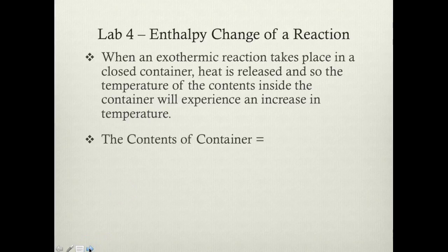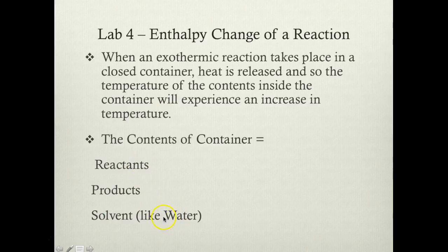So the contents of the container will include what you start out with, your starting material, the reactants, and your final products, which is the reactants getting transformed into products. And a solvent. A solvent is something that dissolves the reactants, and that would be in most cases water.